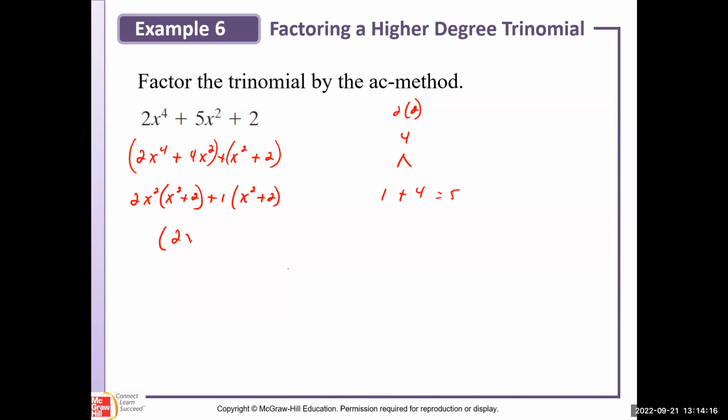And so I'll end up with 2x squared plus 1, and then x squared plus 2. Again, just remember the x squareds because it's an x to the 4th. But the same thing: we did 2 times 2, which is 4, factors of 4 that add up to 5, 1 and 4. We laid it out in 4 terms, and then we did the grouping, and we ended up with the final answer, which is 2x squared plus 1 and x squared plus 2. Questions on that one?